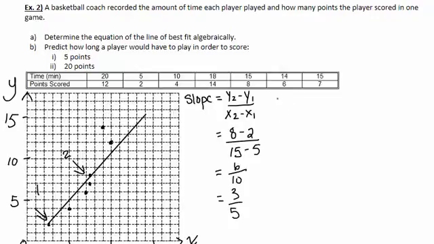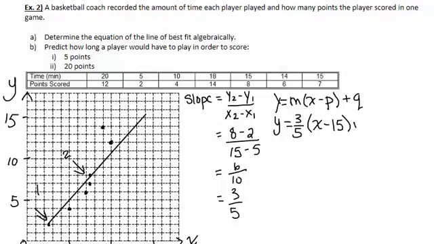Now I'm going to use my slope point form to get the final equation. So y is equal to 3 over 5 x, and I'm going to use this point. So the point is 15 and 8. Now we distribute the slope inside the brackets.